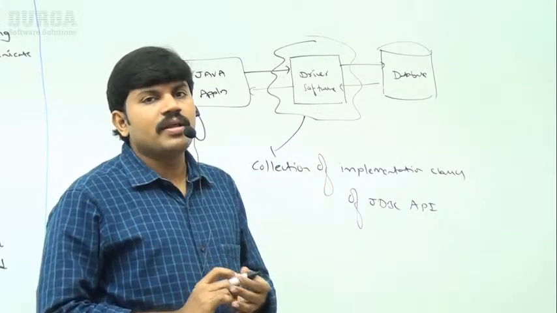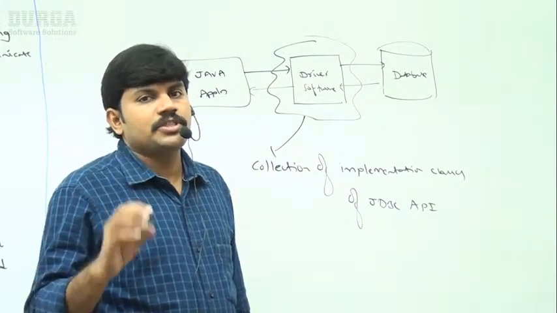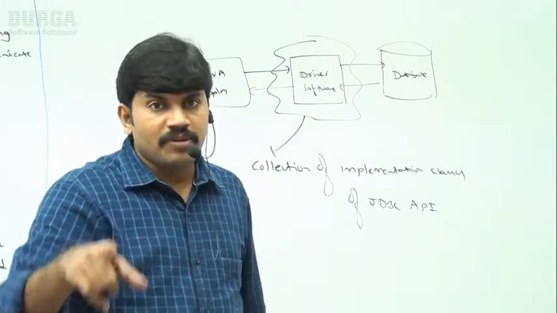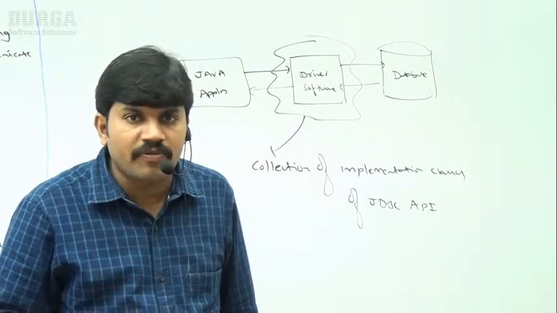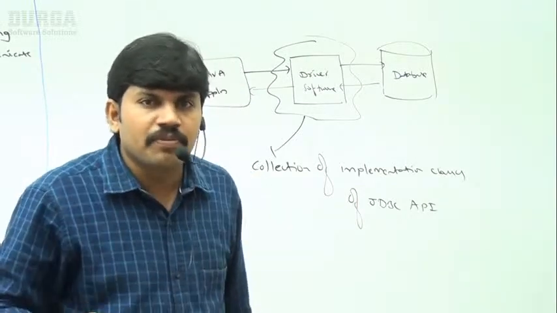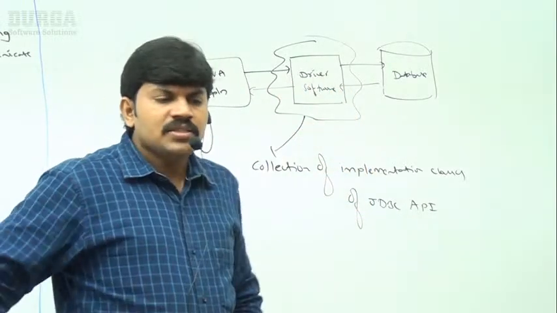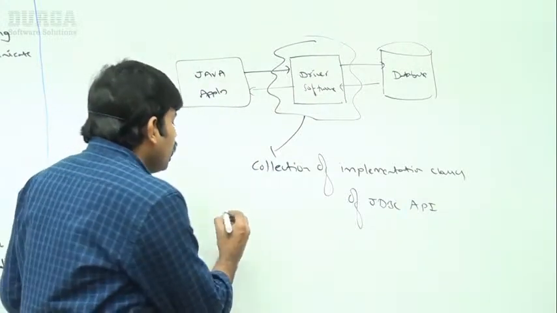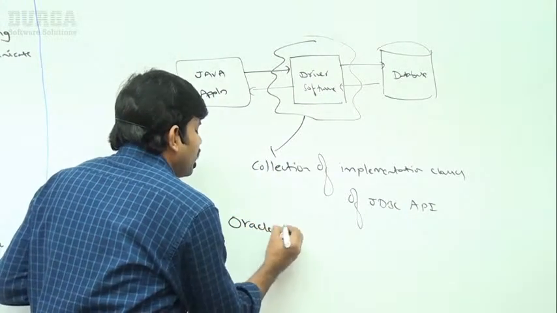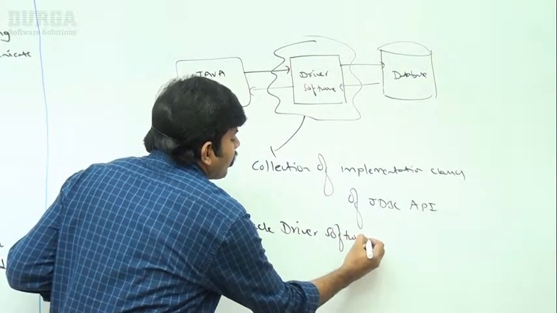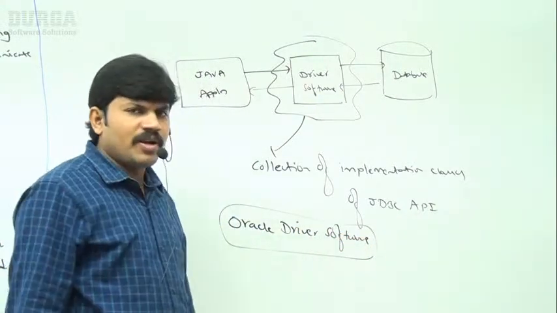So what are the various interfaces present inside JDBC API? Who is responsible for providing the implementation? We are not responsible for providing it. The database vendor or driver software vendor is responsible. Sir, for example, I have Oracle driver software. Can you spell out what is the meaning of this?